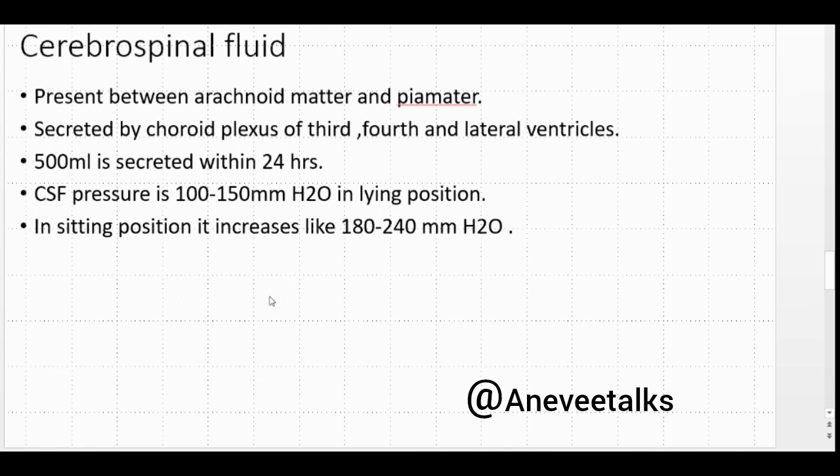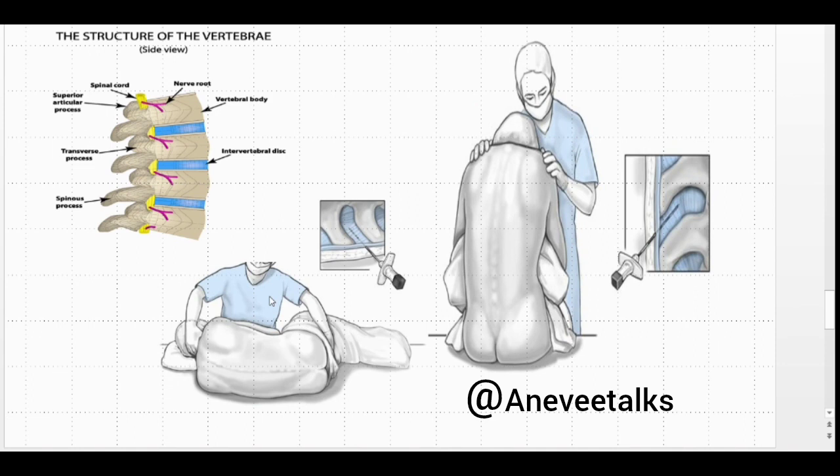In a lying position, the pressure is equal in the cranium and in the spinal cord. But when we are in a sitting position, the pressure of the CSF will increase in the spinal cord, up to 180 to 240, because of the gravitational force. This is about the cerebrospinal fluid.